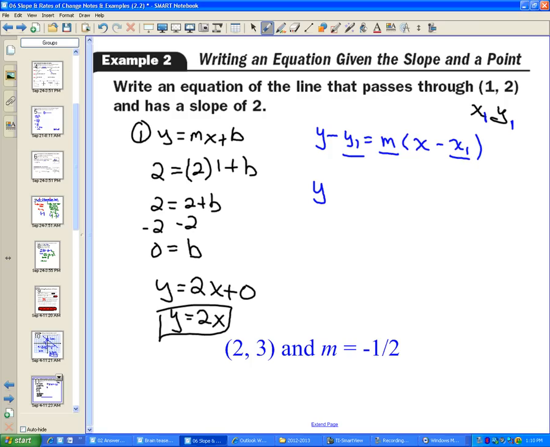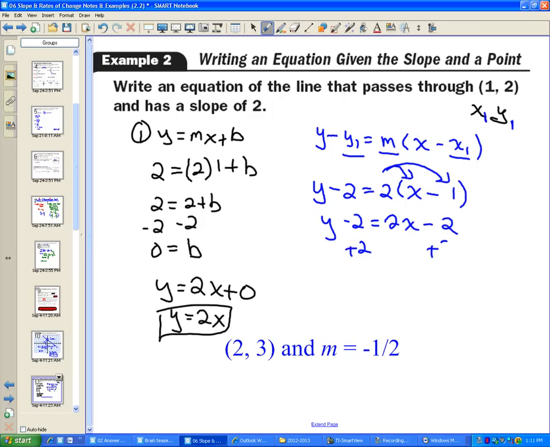So y minus 2 is equal to my slope, which is 2, times x minus my x1, which is 1. Y minus 2 is equal to, distribute the 2, 2x minus 2, add 2, y is equal to 2x. I come up with the exact same equation. I think this is a little more straightforward. You could try either, but I do want you to be able to do this form if asked.